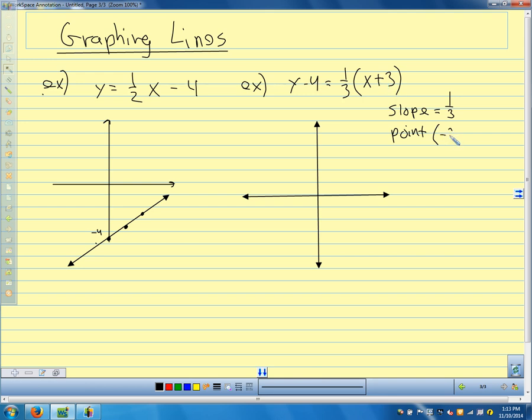So it's going to be -3 and +4. The x and the y change signs between here and here. So it goes through the point -3, 4. So on my graph, I'm going to start at the point -3, 4. So go over 3 and up 4. So there's my point.